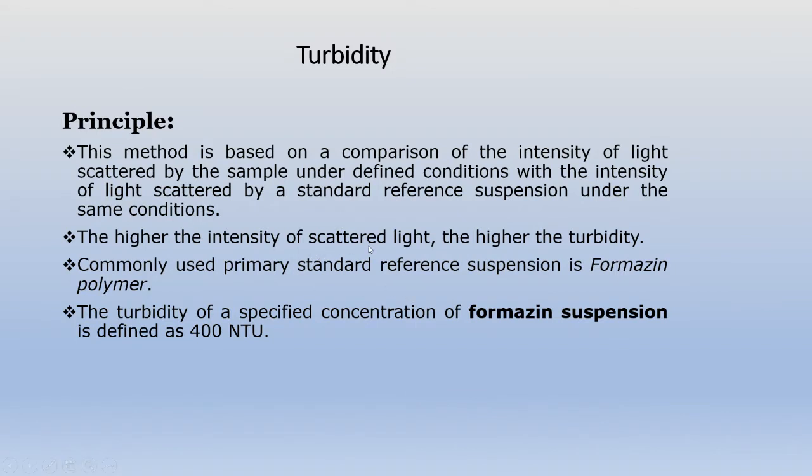The principle involved: this method is based on the comparison of the intensity of light scattered by the sample under definite conditions with the intensity of light scattered by a standard reference suspension under the same conditions. The higher the intensity of scattered light, the higher the turbidity of the solution.